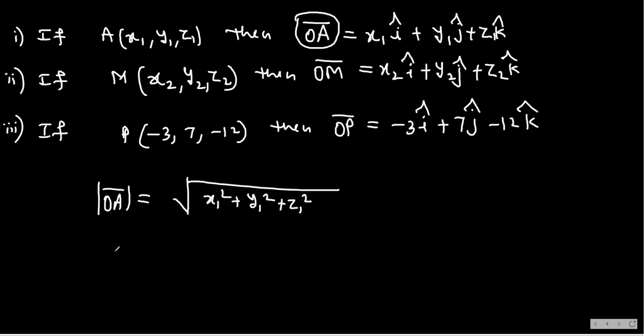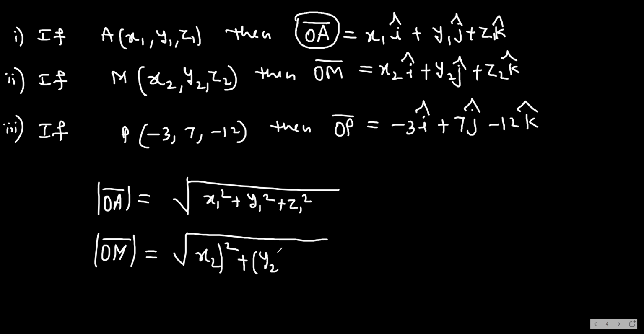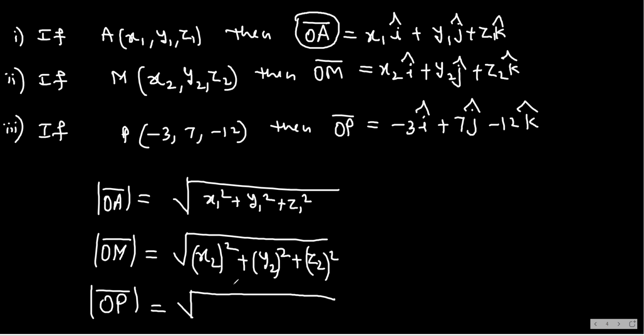What will be mod of OM bar? Mod of OM bar will be square root of x2 square plus y2 square plus z2 square. And mod of OP bar will be square root of minus 3 square plus 7 square plus minus 12 square.